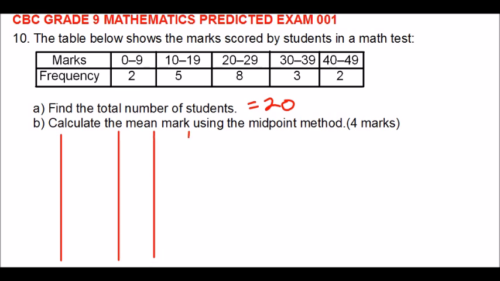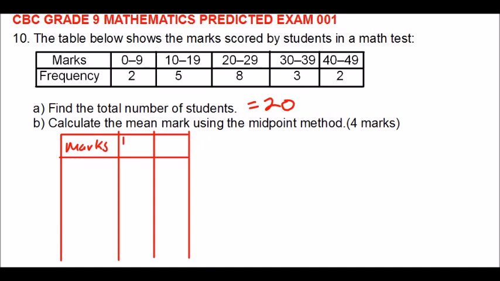The frequency distribution table, we use columns and rows. Those are columns and those are rows. For this one, we can call it the class, or in this case, instead of using the class, let's just use marks.